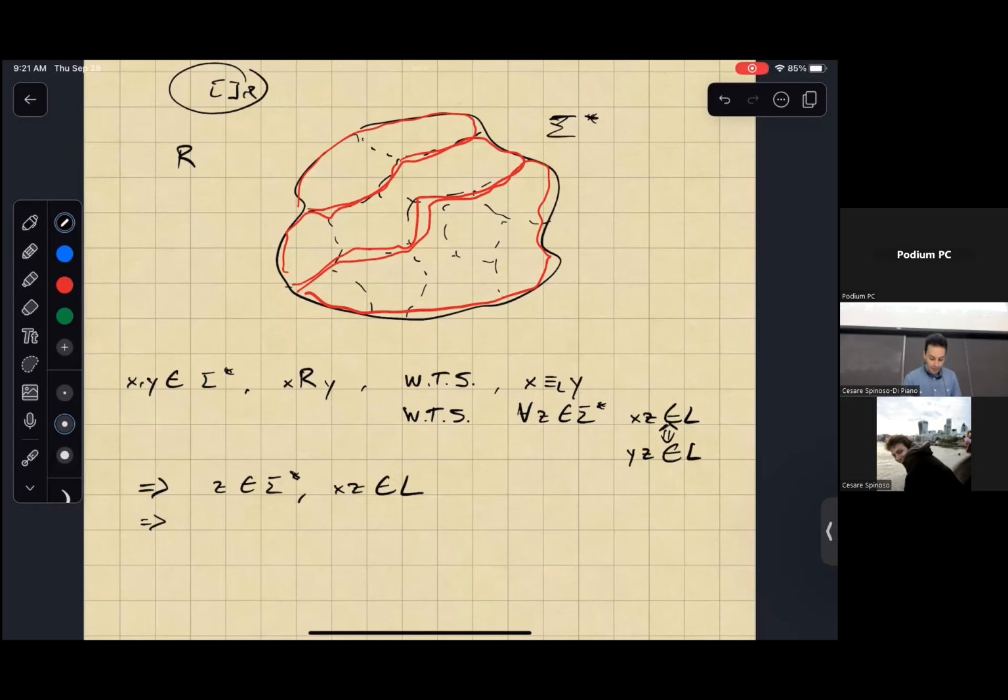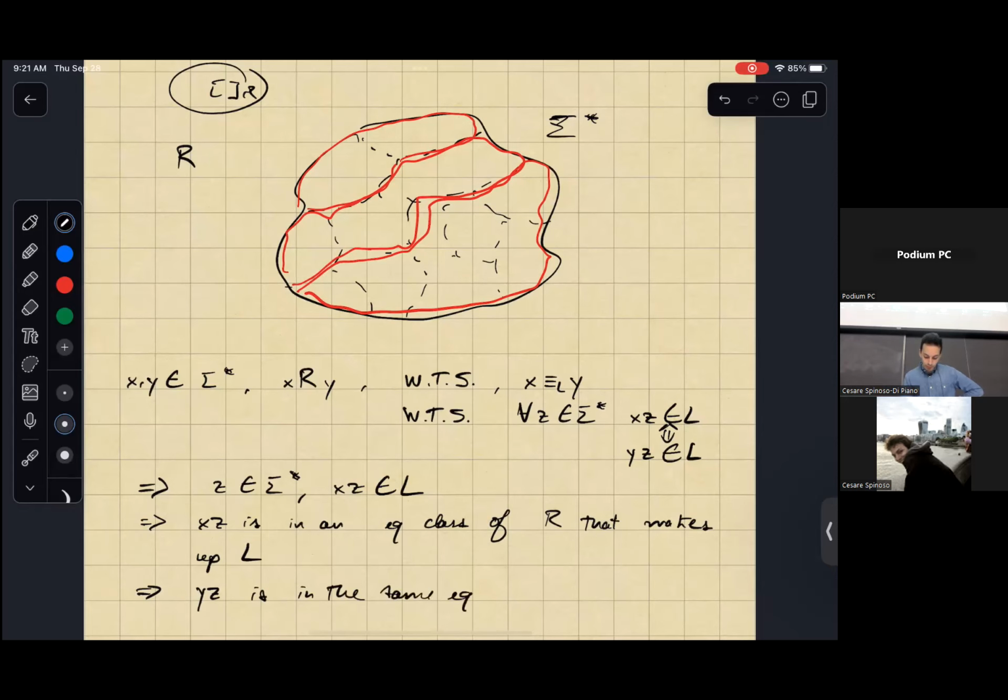So that means that I know that XZ is in an equivalence class of R that makes up L. Now, as someone just said, that implies that YZ must be in the same equivalence class. Why is this implication true?